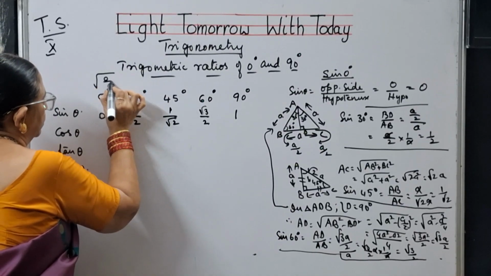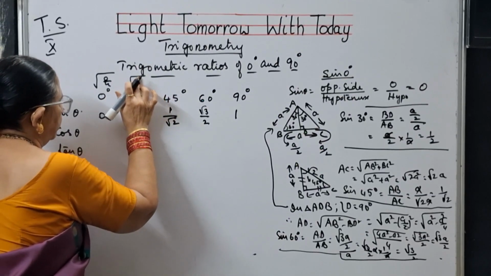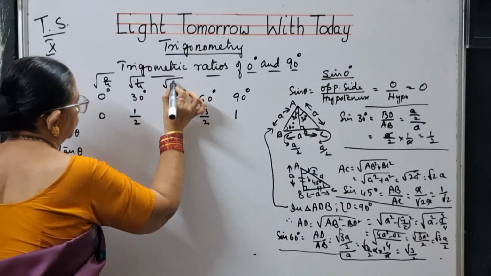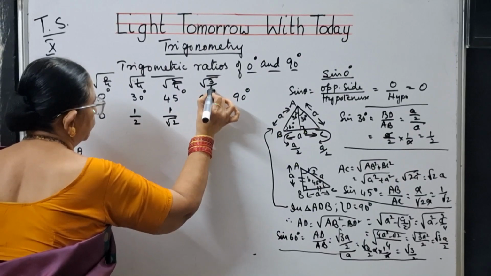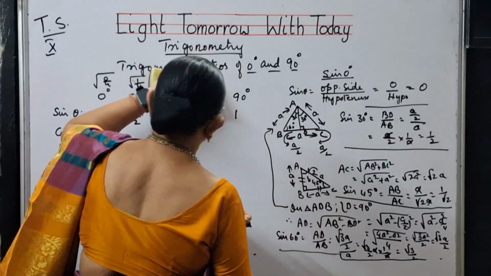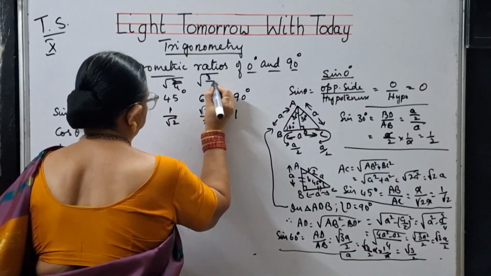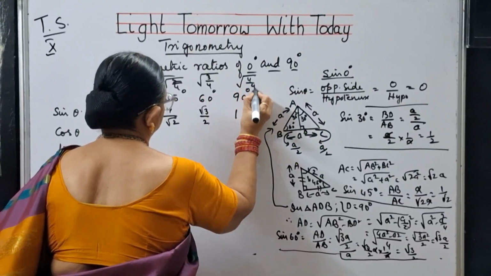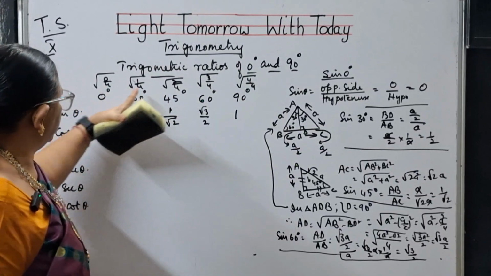Root of 0 by 4, root of 1 by 4, root of 2 by 4, root of 3 by 4, and this is root of 4 by 4. If you remember this, that means all are divided by 4.